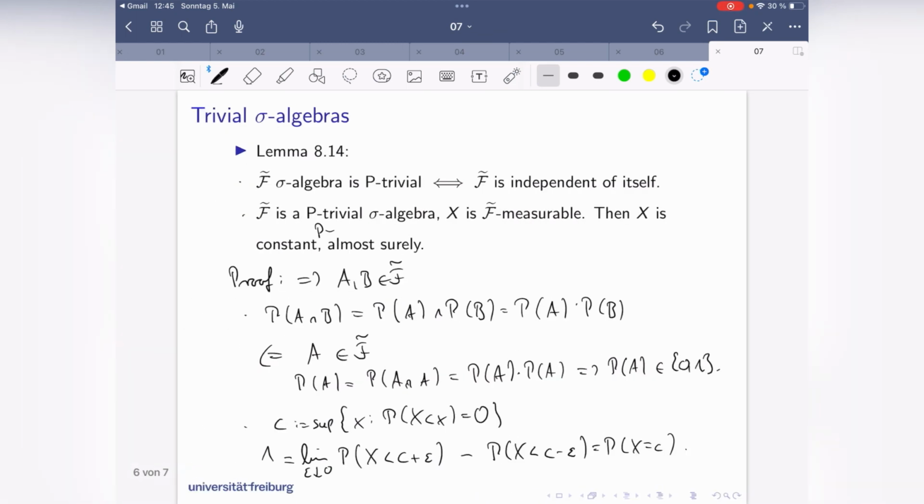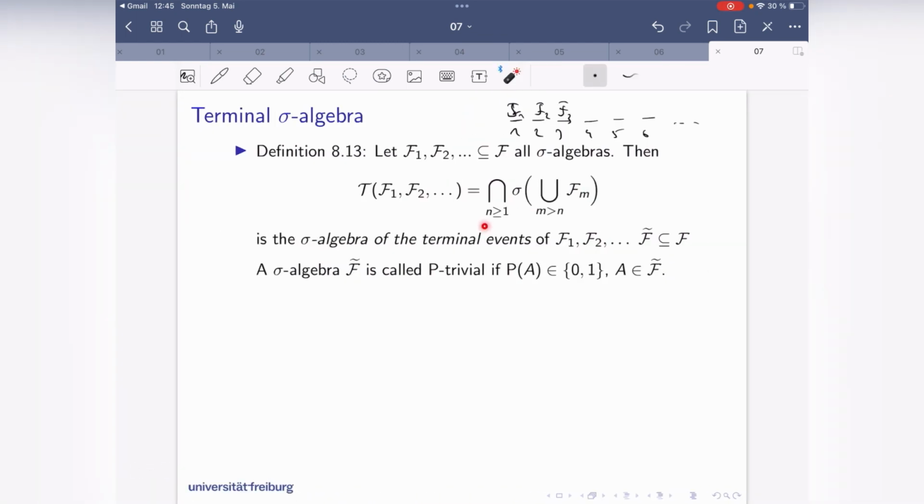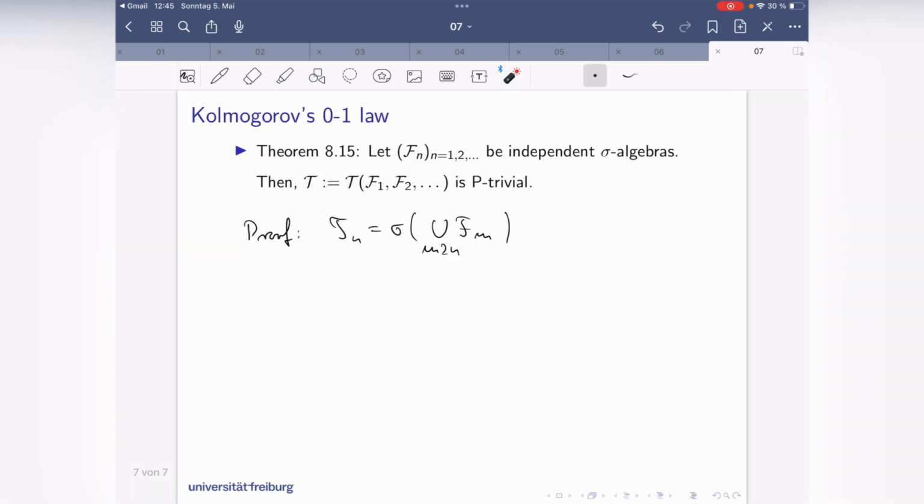And recall that the terminal sigma algebra is the intersection of all these. First, F_1 to F_n, and let me be very precise, m bigger than n, because otherwise it doesn't work here, and T_n are independent, I claim.